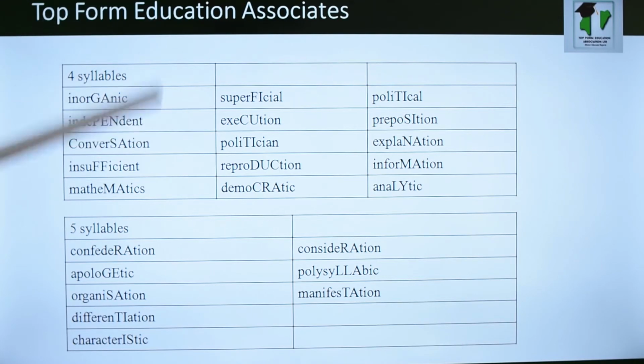Execution. Then we have the 5 syllabic words, still having those word endings that we saw at the initial word introduction. We have what? Confederation. 1, 2, 3, 4, 5. Apologetic. How many? 5.